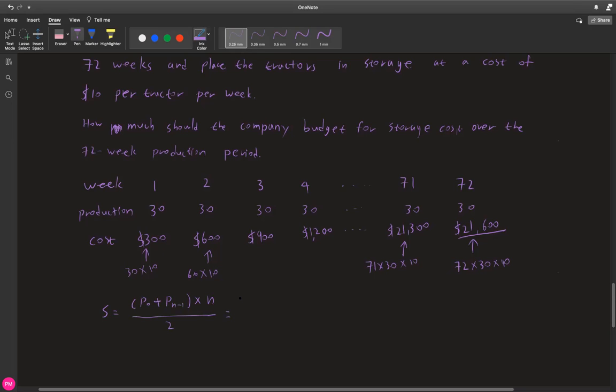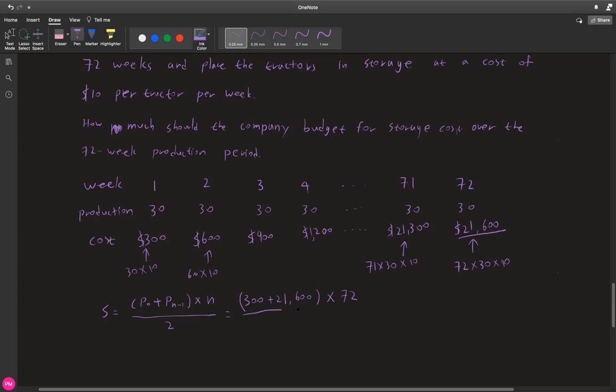We know that there's $300 spent on the first week. And the last term here is $21,600. That's how much you spent on the 72nd week. And as we can see, it's evident that there are 72 weeks.